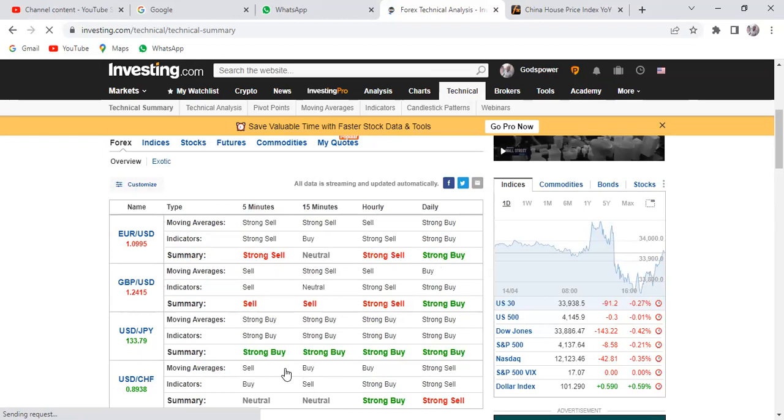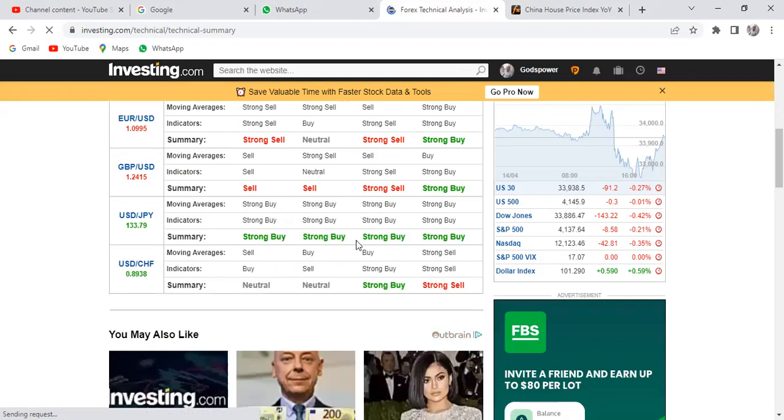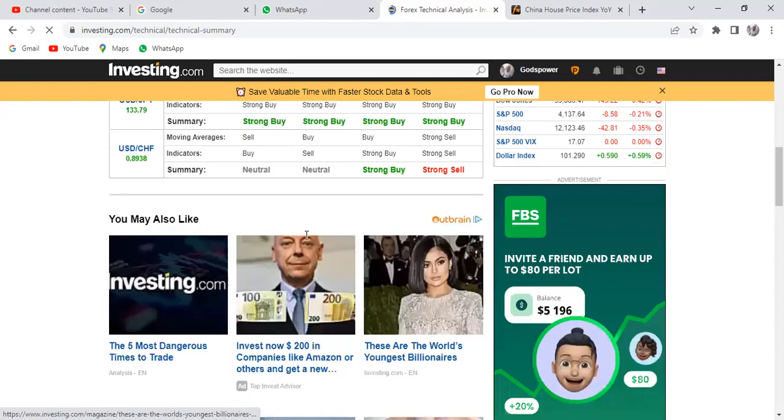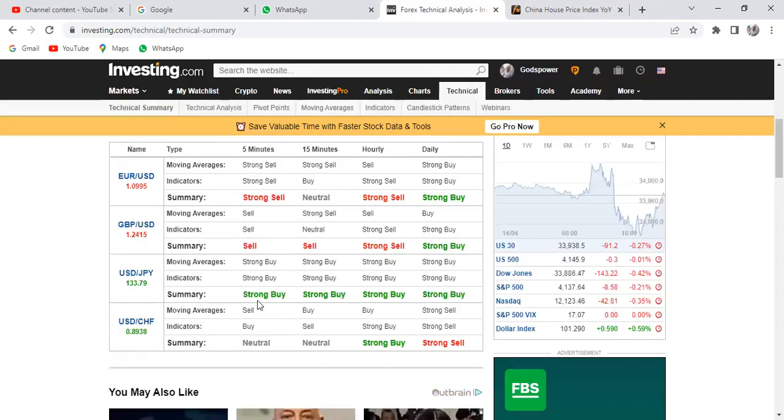Look at this. Strong buy, strong buy, strong buy, strong buy. So it's an indication that you can enter this market as a buy. If you look at that very well, you see that it is a strong buy. Look at USDCHF. Neutral, neutral, strong buy, strong sell.